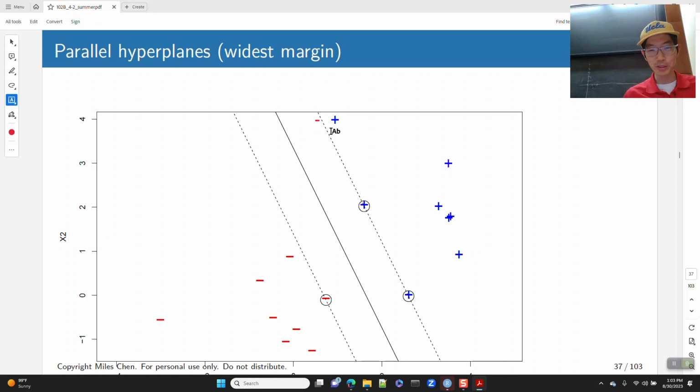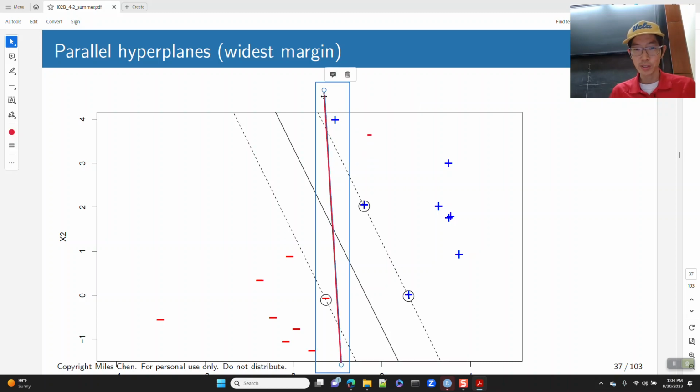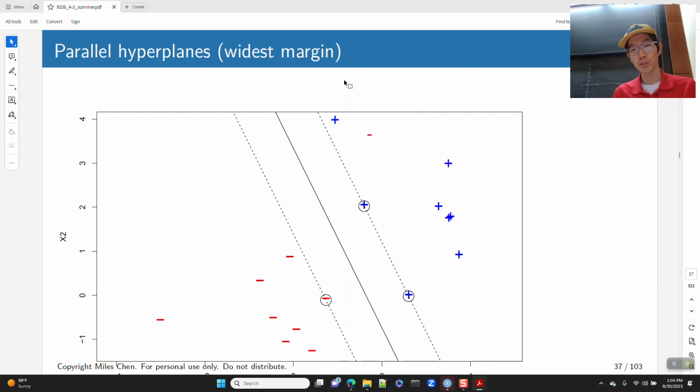Our margin now has to accommodate this one point, and now my margin will have to look something like this, right? So this one little point here will have a huge impact on how we draw our margin. And if I somehow bring this point over here, now there's no solution.